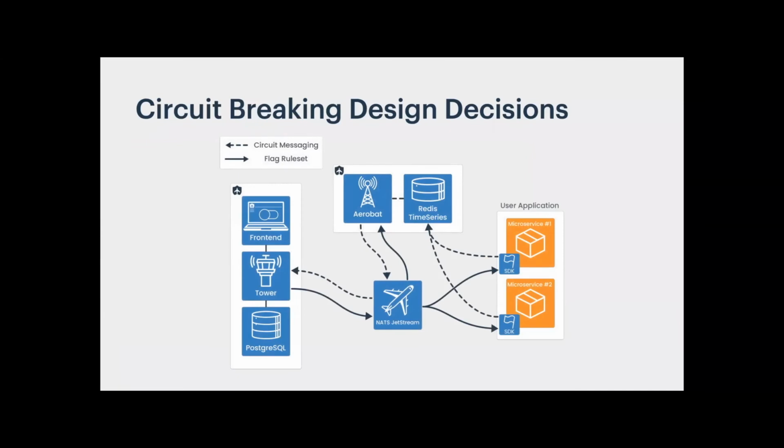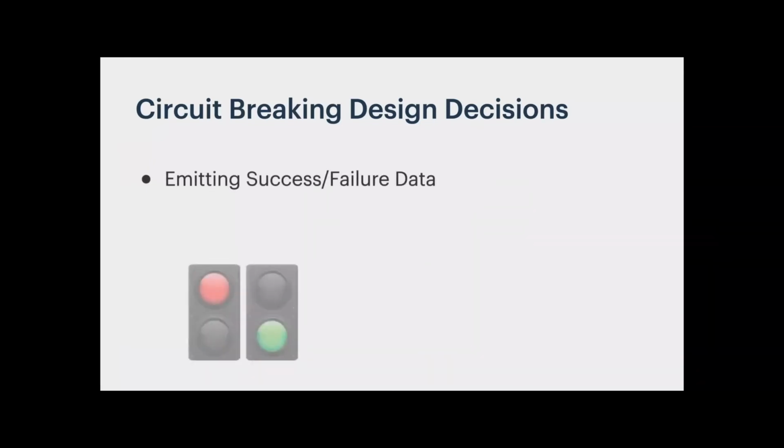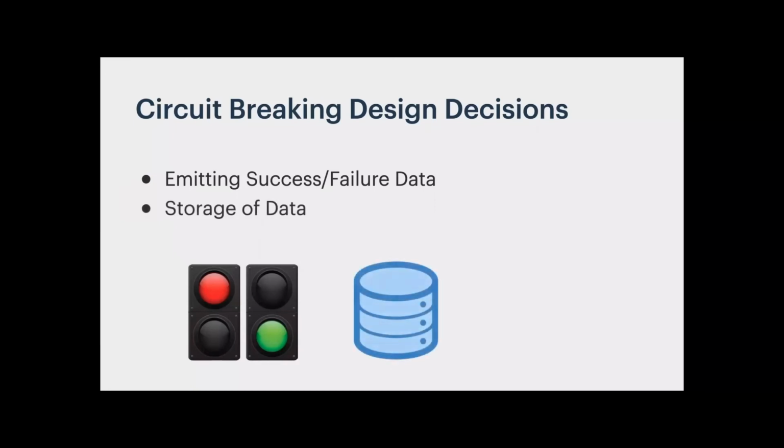Other decisions, however, needed to be made, particularly around how we were going to architect our circuit breaking functionality. Our proposed solution needed to implement the following. It needed to emit telemetry data. Specifically, the data needed to differentiate between a feature flag that is operating as expected or failing. Once emitted, we would need an appropriate data store in order to hold that data.